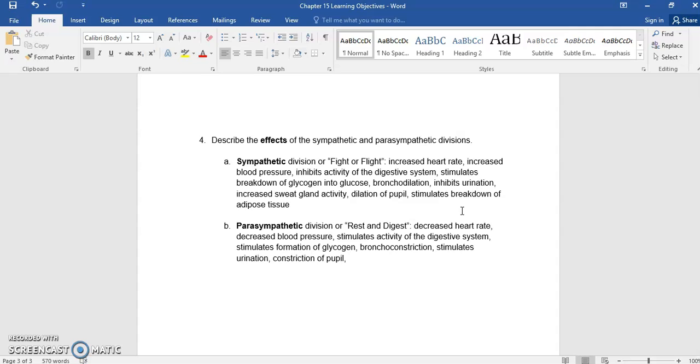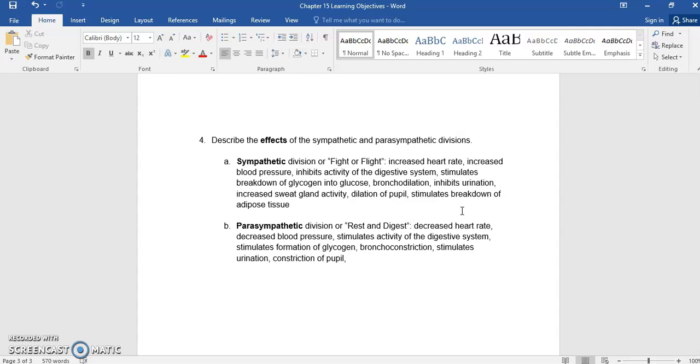Digestion takes some blood, and if we're stressed or exercising, digesting food can wait till later. It's not something you need to take care of now. We want that blood to be diverted to our skeletal muscles, so activity is slowed down in the digestive system.